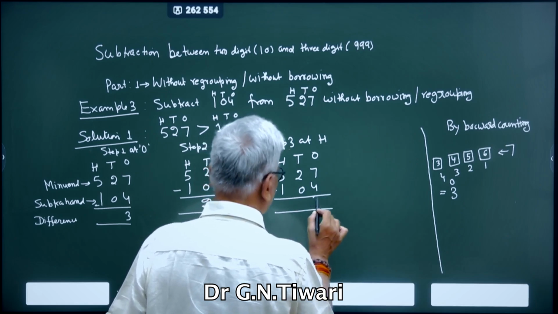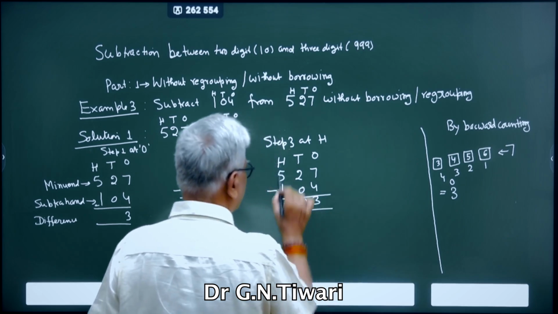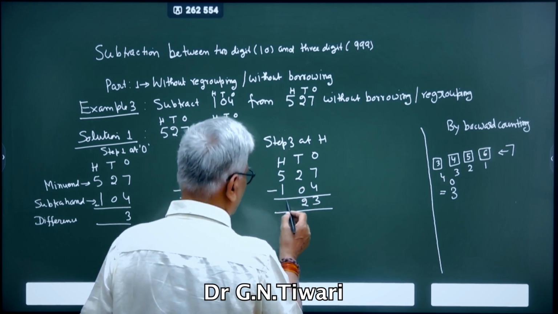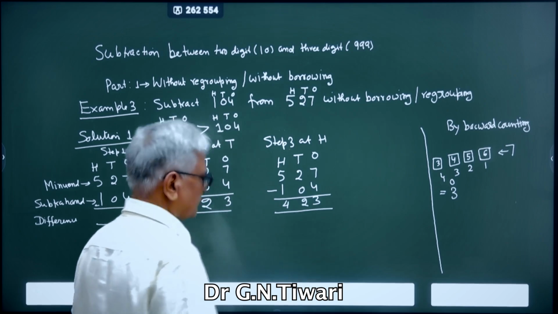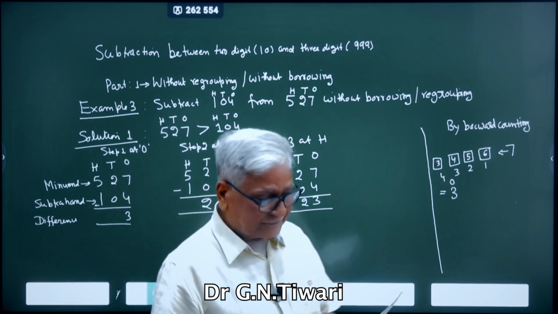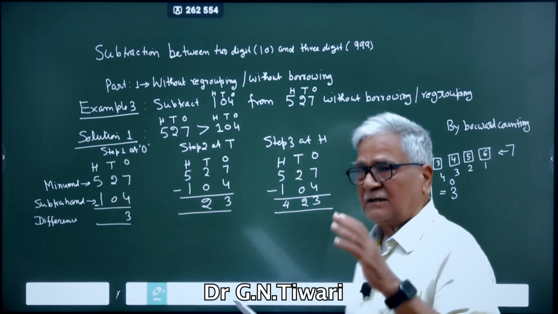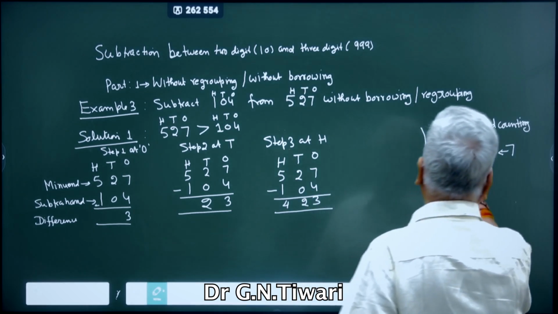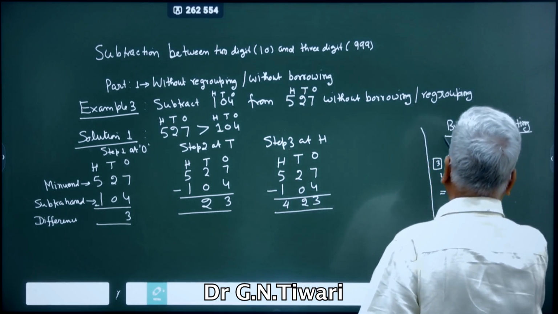Minus. Here 3, here 2, and here obviously if you just subtract 1 from 5, it will be 4. So that will be the end of subtraction, but don't miss to write by backward counting.